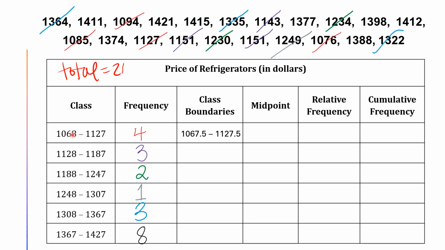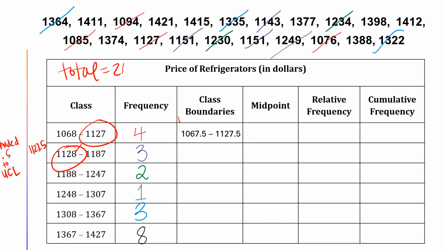All right, so what did I do there? I just said, okay, what is the halfway point between these two? That would be 1127.5. That means I went up, or I added 0.5 to the upper class limit.